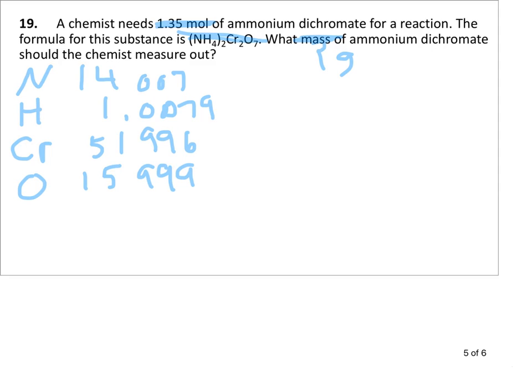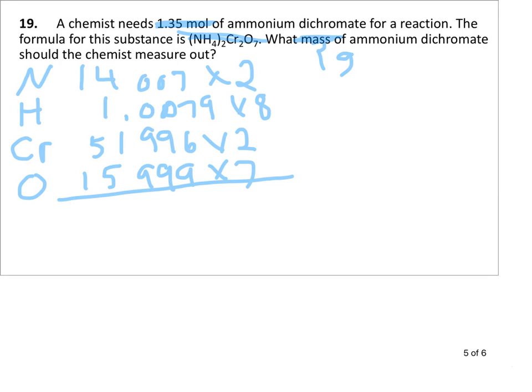Oxygen 15.999. There's 2 nitrogens because we got the N and then in parentheses 2. There's 8 hydrogen because there's a 4 and then a 2. 2 chromiums and 7 oxygens. This one I'm not going to write everything out. If the only thing you need is the molar mass, you don't have to write everything out.